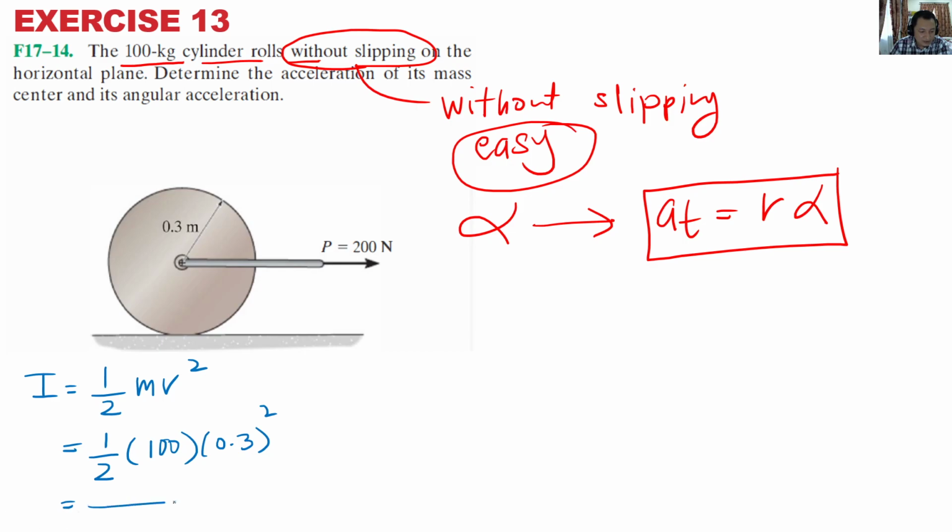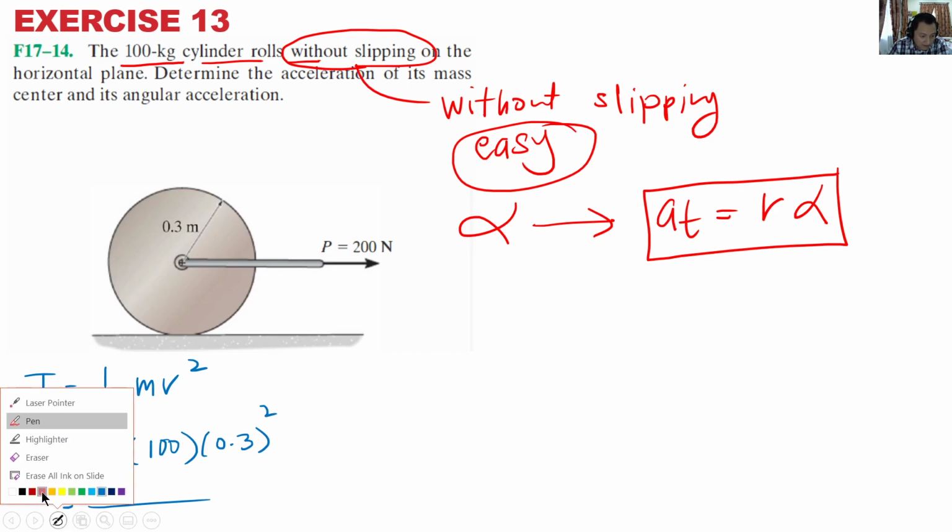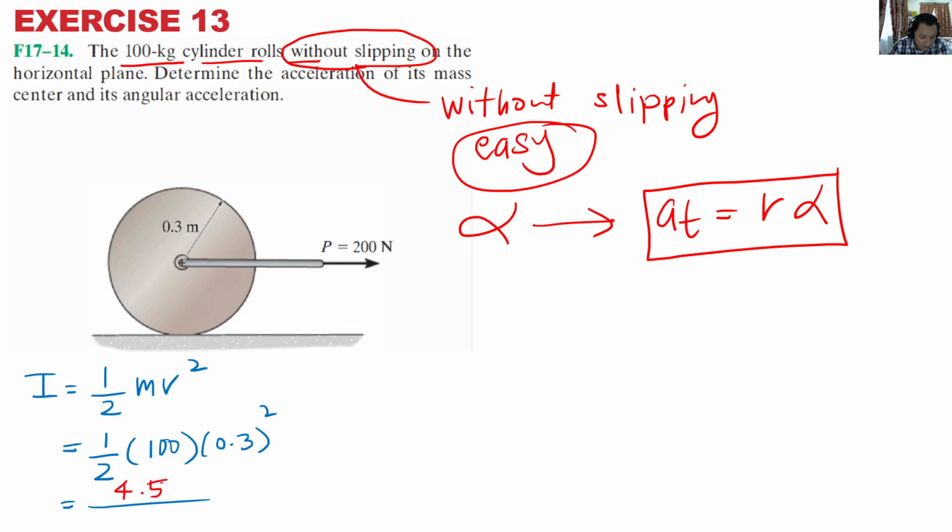What is the value? 0.3 squared times 100 divided by 2 gives 4.5 kilogram meter squared. This is your moment of inertia, the angular mass. What is the unit? Not kilogram, it's kilogram meter squared. This is how much moment it has to provide in order to begin rotating.